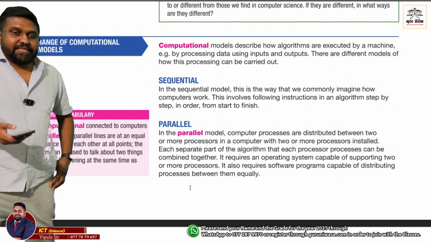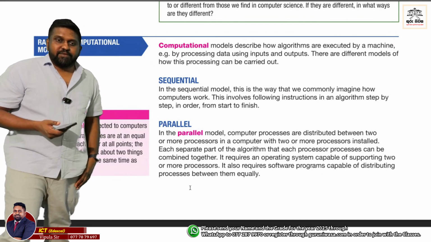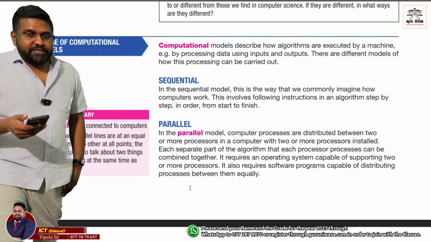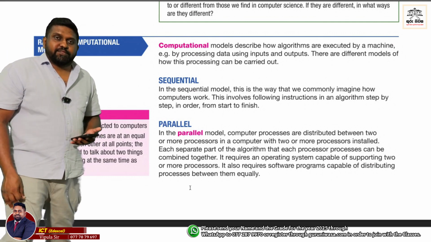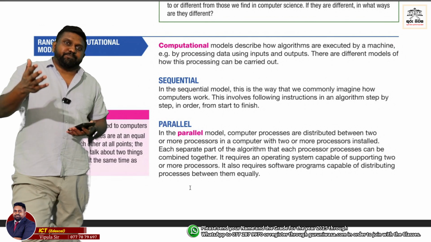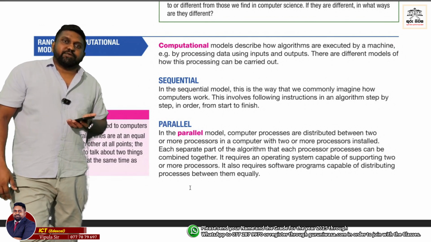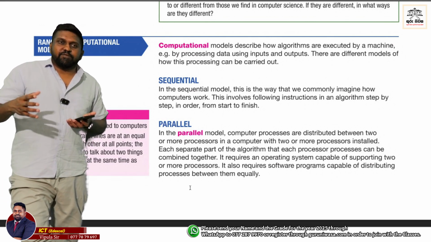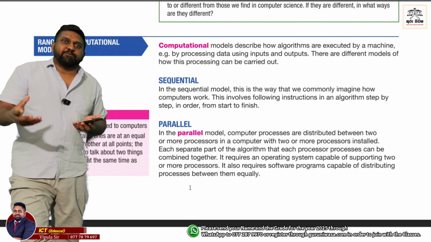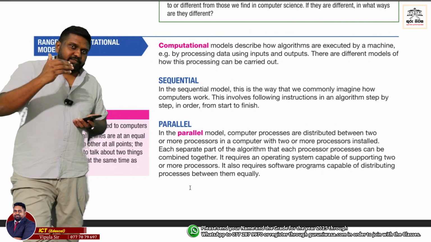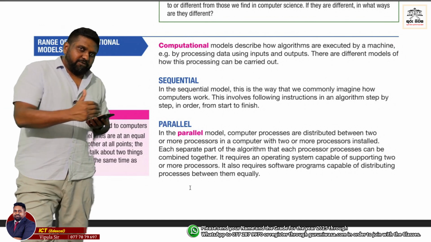Then in the parallel model, it works in a different way, where the computer processes are distributed between two or more processors. For example, in a VGA card, there are about 1,500 plus cores, in the sense of processing cores, which process all at a time.